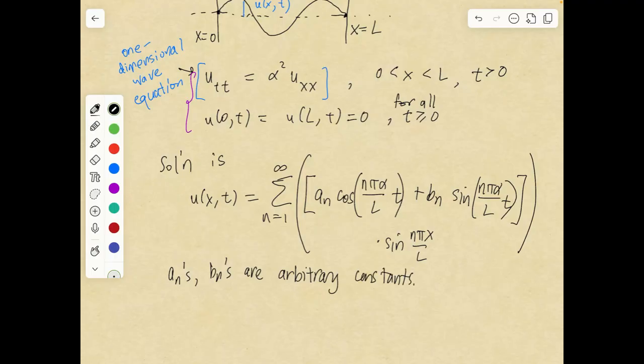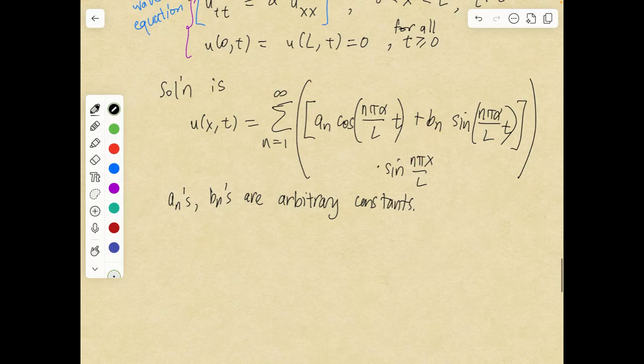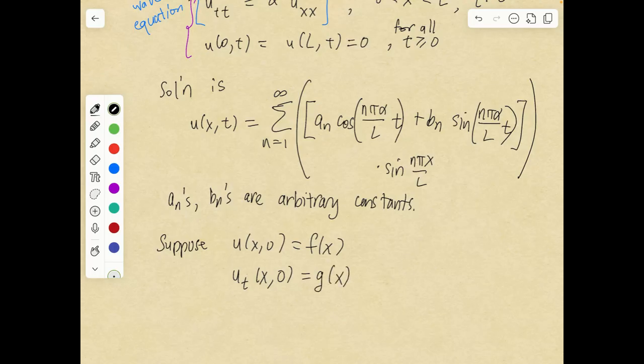So that's if you have these two equations here. But we will also specify an initial position and initial velocity. So suppose that u of x,0 is f of x, and also that u sub t of x,0 is g of x.